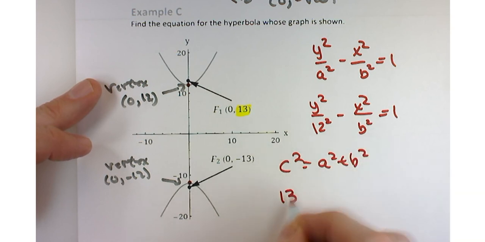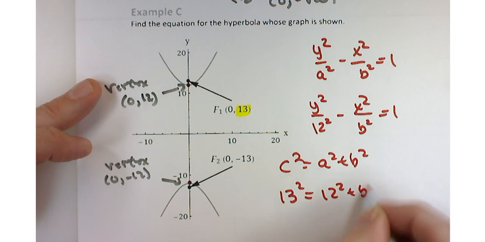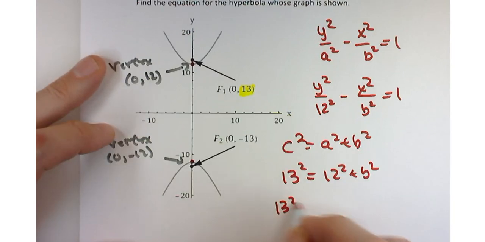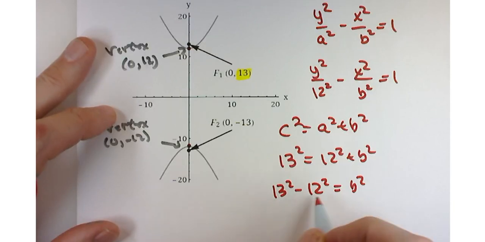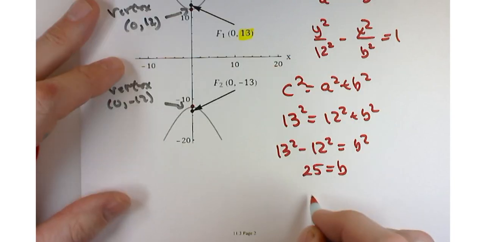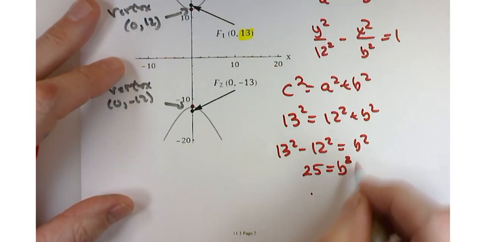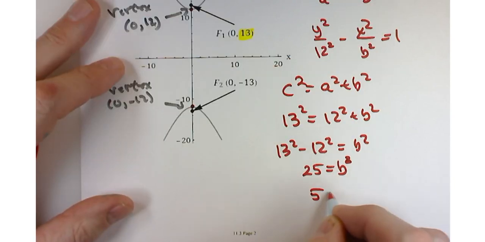So it's going to be 13 squared equals 12 squared plus b squared. 13 squared minus 12 squared equals b squared. 169 minus 144 is 25, so b equals 5.